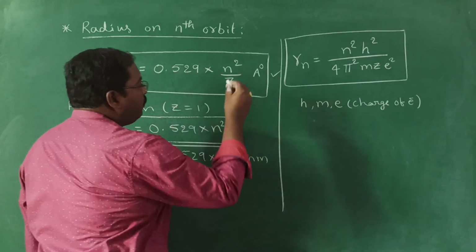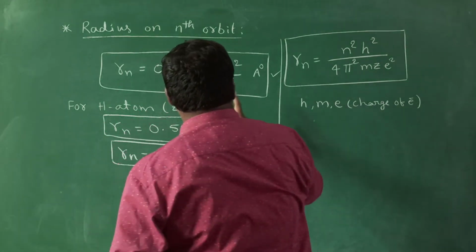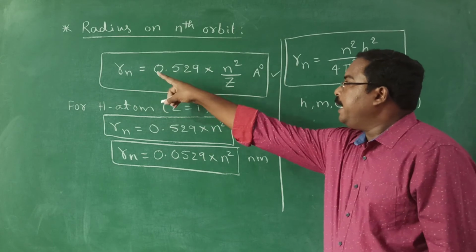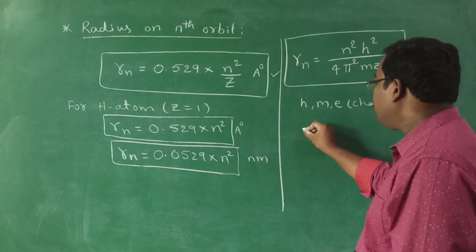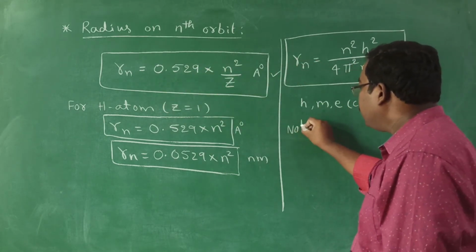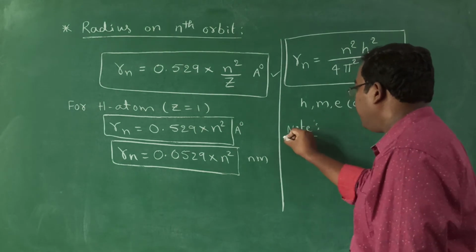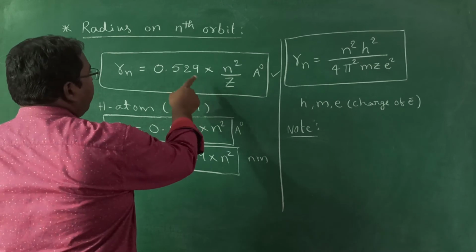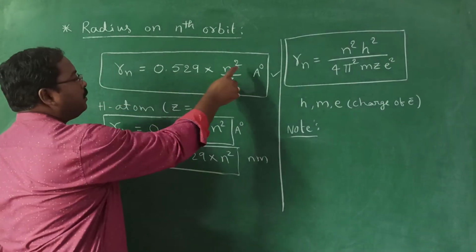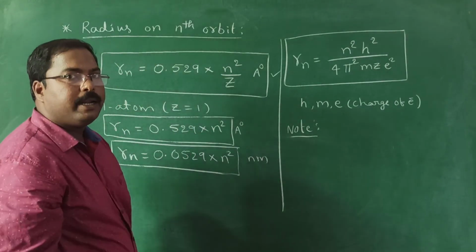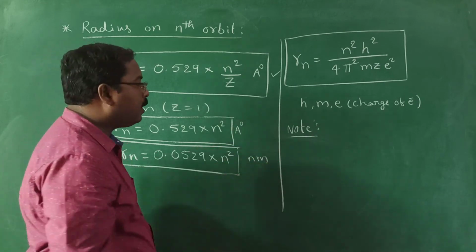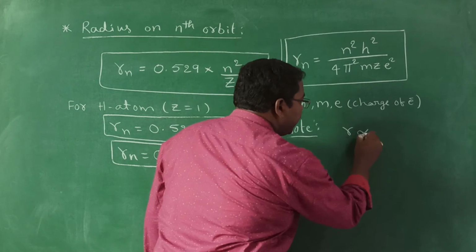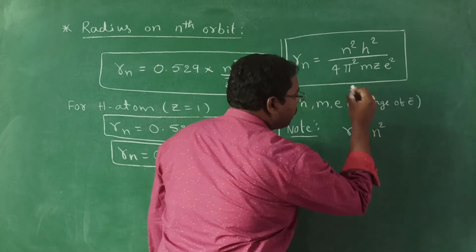Okay. Now, from that relation, what can we say? How is the radius proportional to the orbit number? From that formula it is clear: radius and n, the orbit number, are both in the numerator. So simply we can say radius is directly proportional to n square.